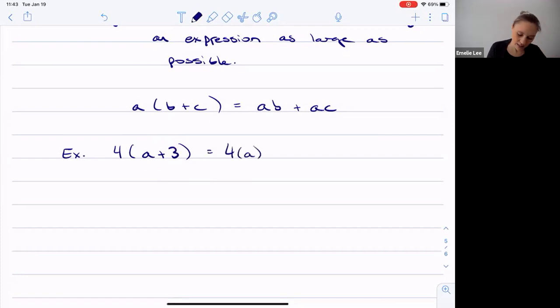Now notice that these brackets aren't actually doing anything. I just like to have them on there to indicate that I'm multiplying, because sometimes it's not obvious, as in the next term when I do 4 times 3. Unlike here, where the brackets around A plus 3 were showing me that 4 multiplies each of these terms. Here, I've only got A inside and 3 inside, so now it's just multiplication.